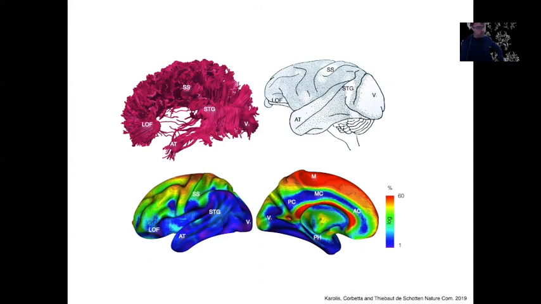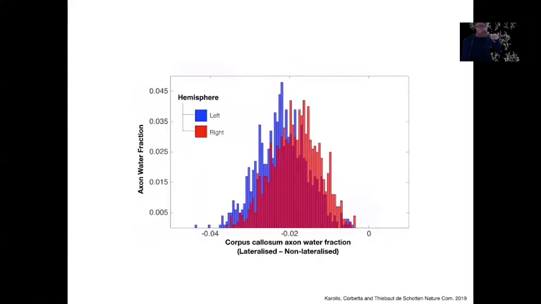For that, we use an index which is called axon water fraction, which is how many axons you have really in the midsection of the corpus callosum.